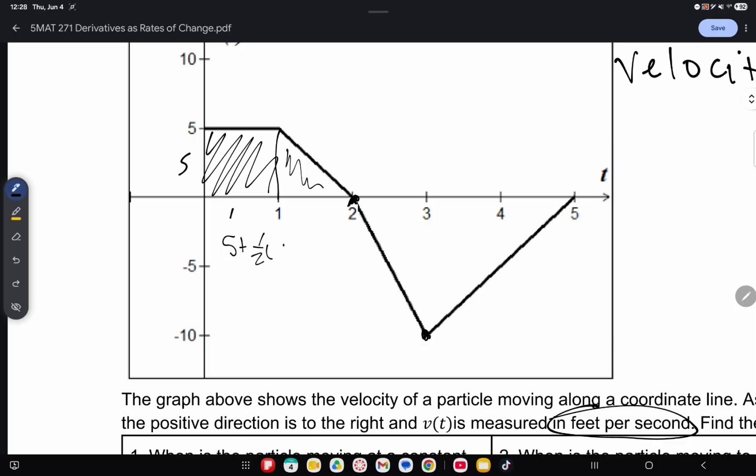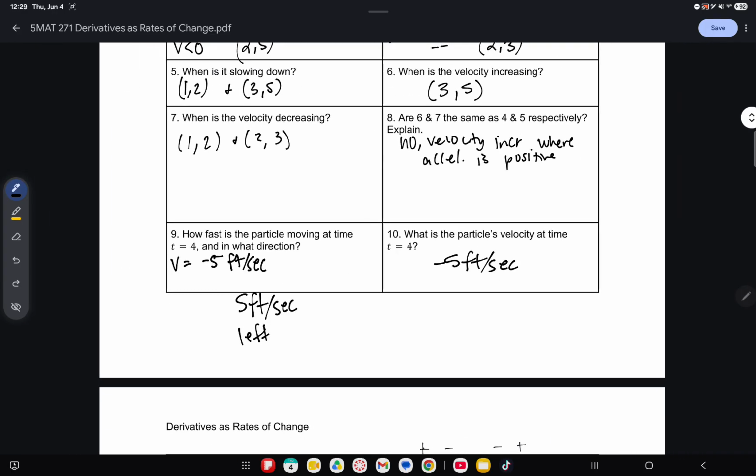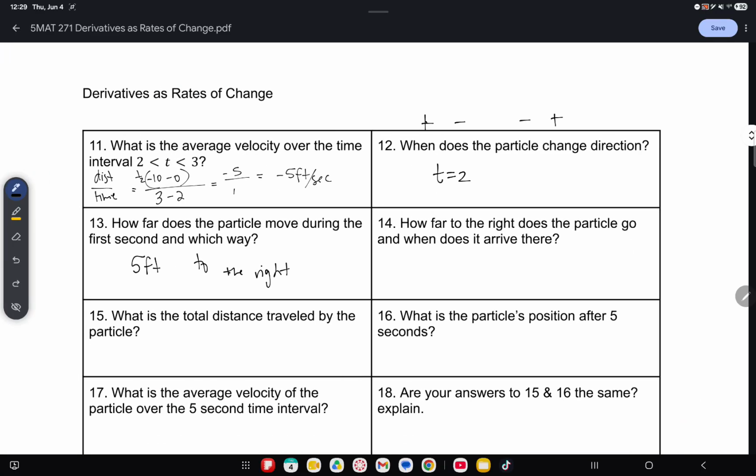So 1 and 5. So it's 5 plus half of 5, which is 2.5. So it's going to give me 7.5. So 7.5 feet. And when does it arrive there? At t equals 2, because that's when it switches direction, right?